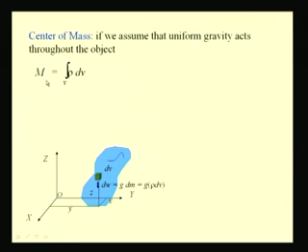So, we get g times m as the weight is equal to g times integral v rho dv.